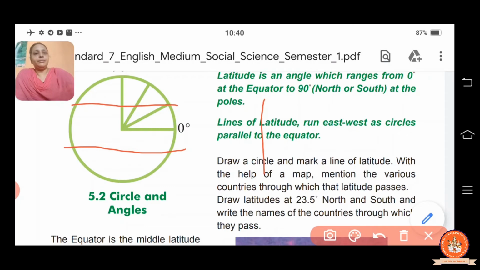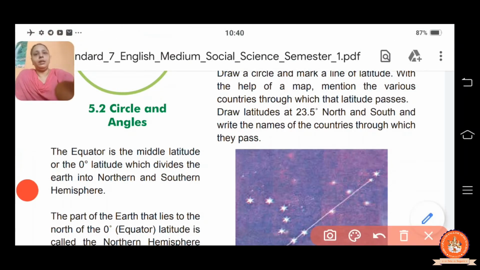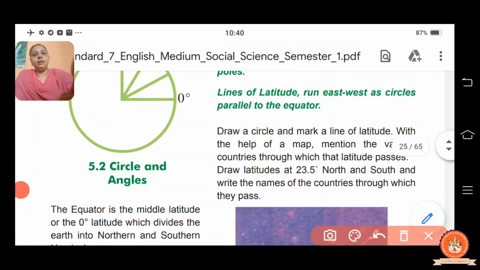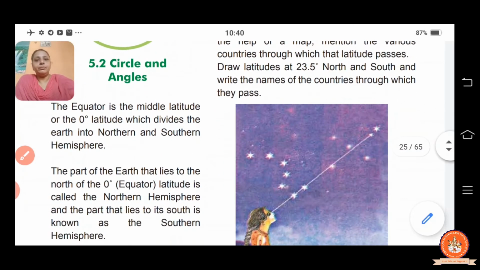The equator is the middle latitude, or the zero latitude, which divides the earth into the north and south hemispheres.